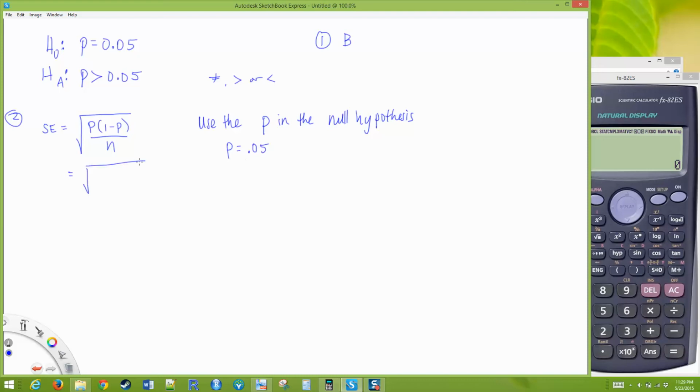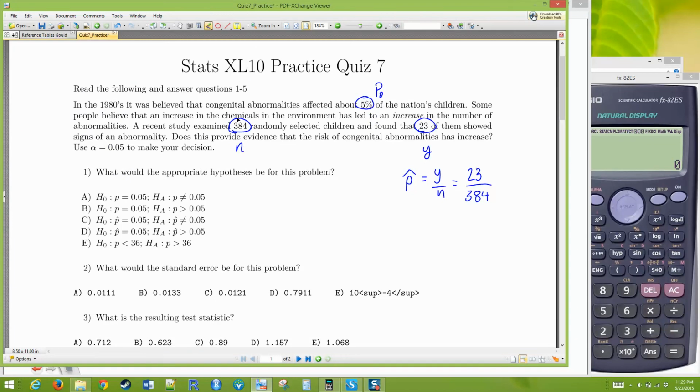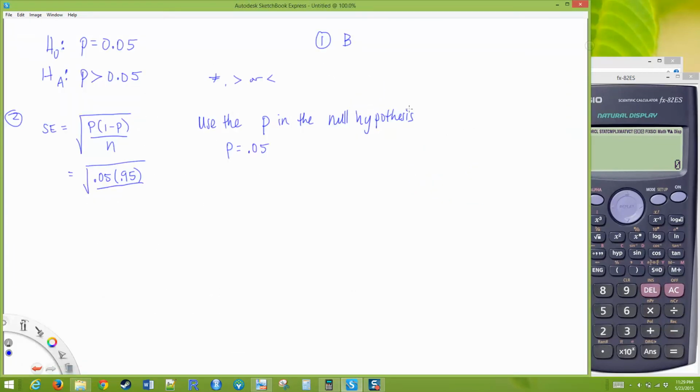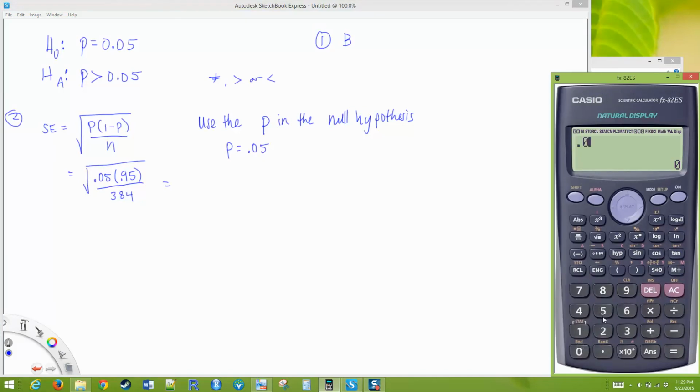So my standard error is going to be 0.05 times 1 minus 0.05, which I can do in my head to say is 0.95, divided by n, which in our problem is 384. I'm going to punch this into my calculator: 0.05 times 0.95 divided by 384.